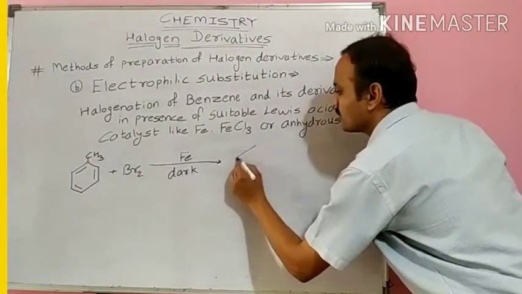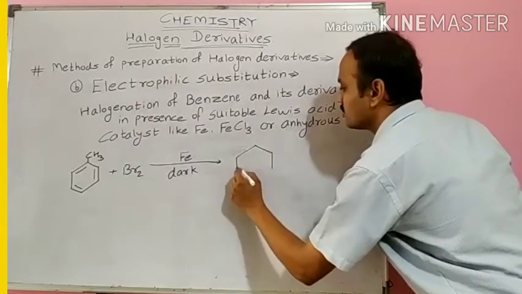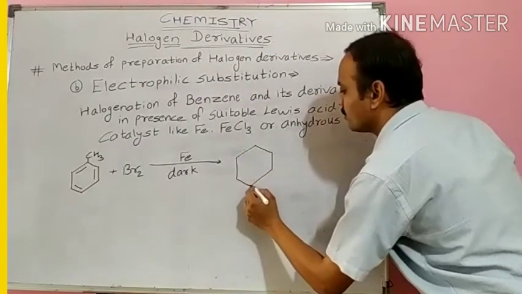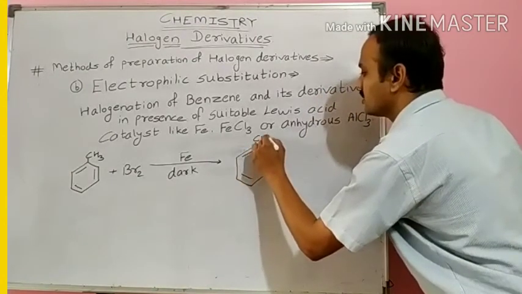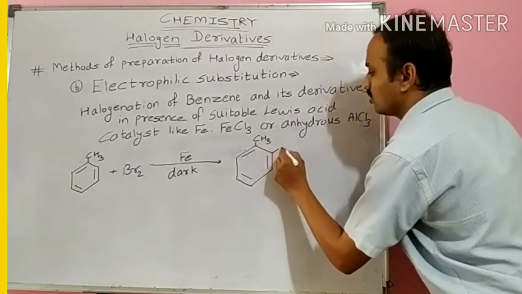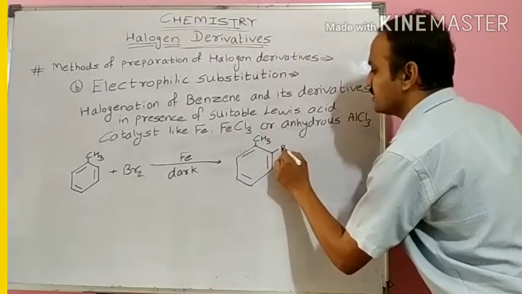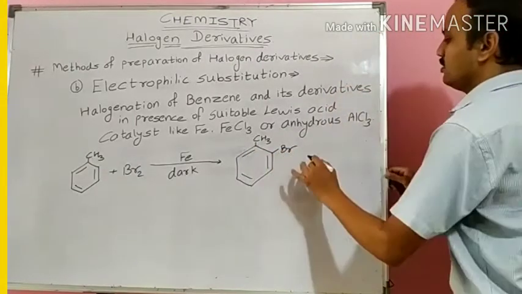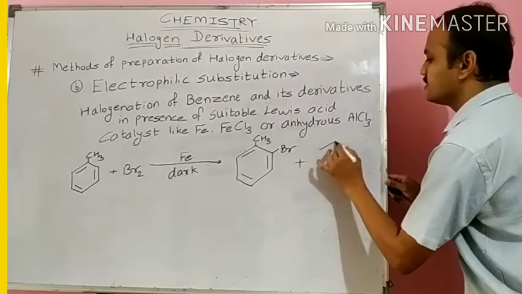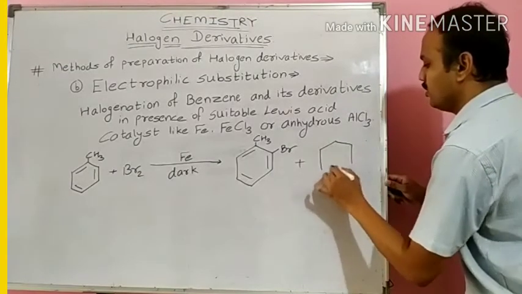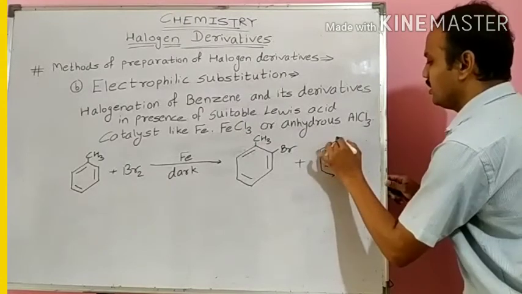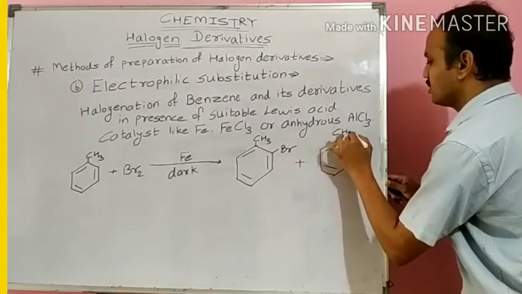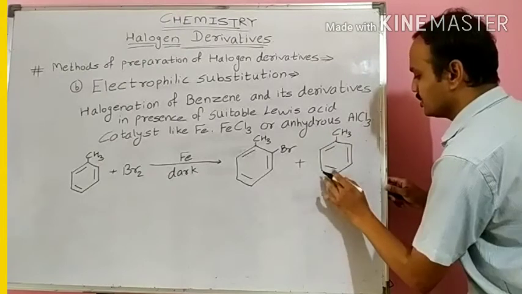So first, hydrogen at the ortho position will get displaced. In the second case, we will have displacement of hydrogen at the para position.